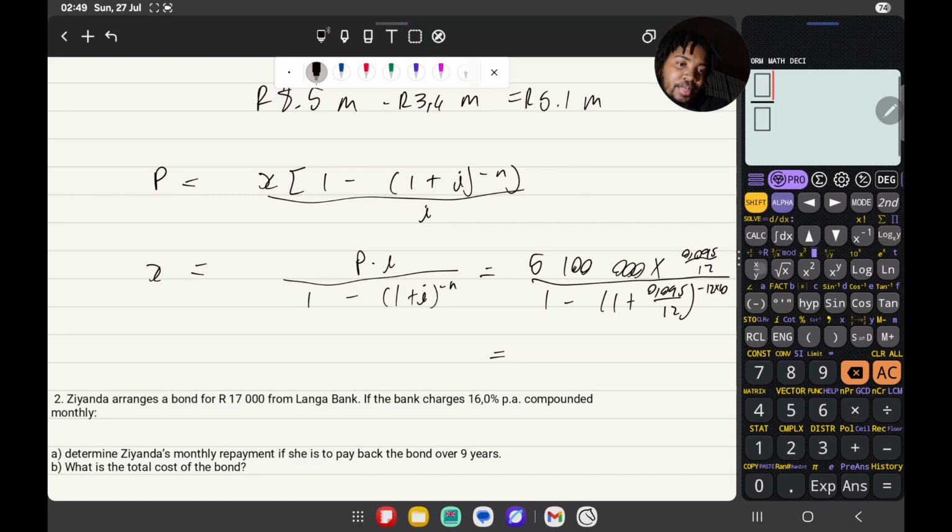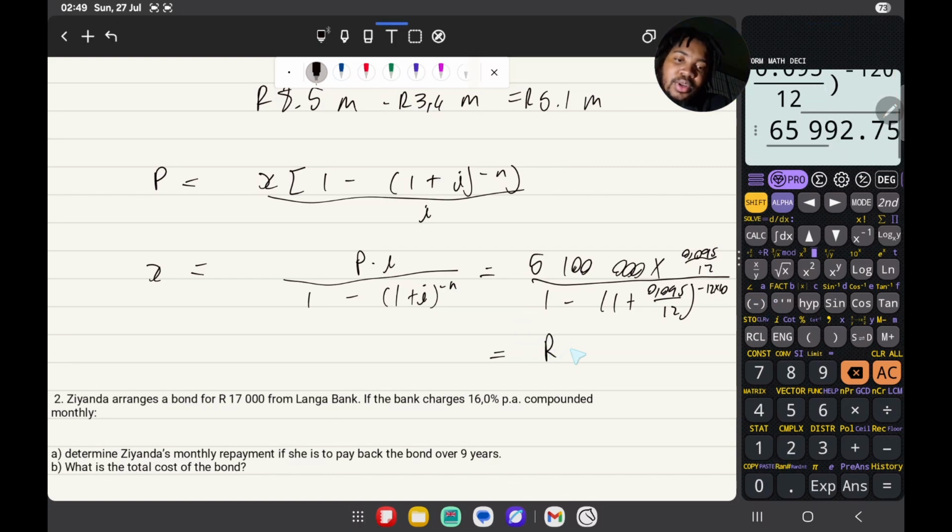So we have 5,100,123 times 0.095 over 12, 1 minus 1 plus 0.095 over 12, close brackets, to the power of minus 120.